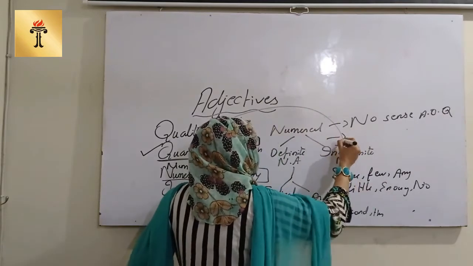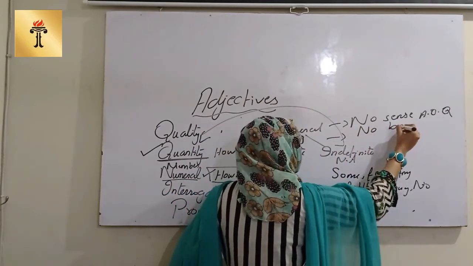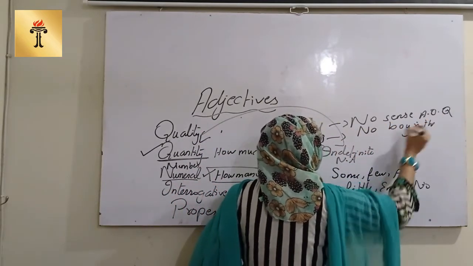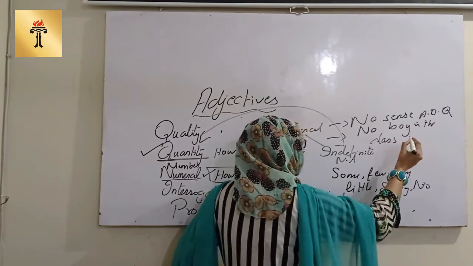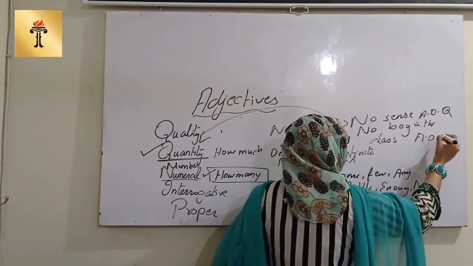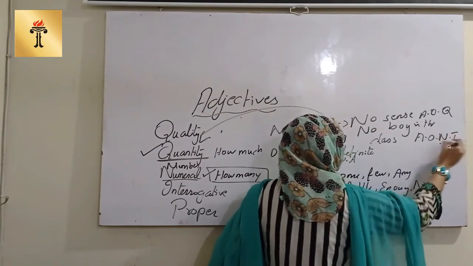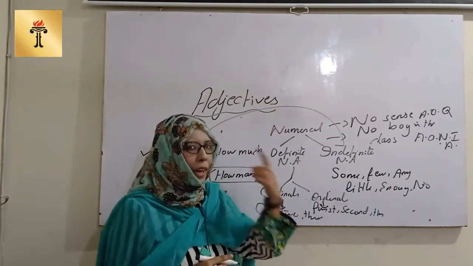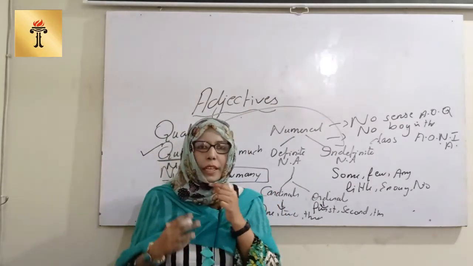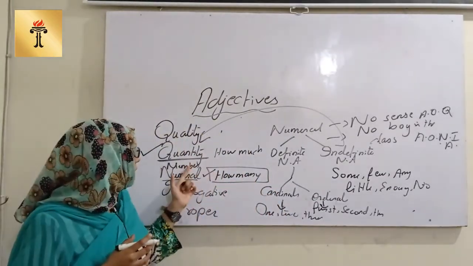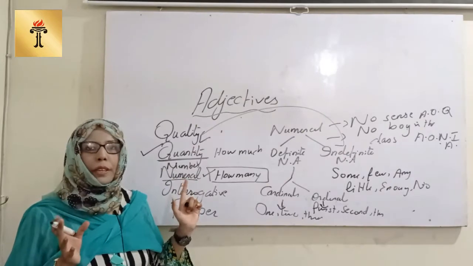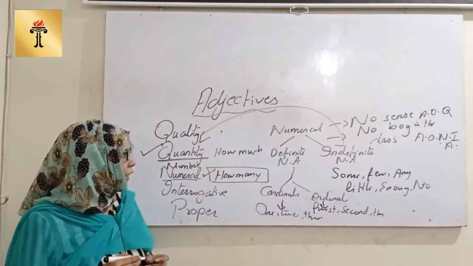And if I say there is no boy in the class, this is a numeral indefinite adjective. So one adjective can work as the quantitative and the numeral adjective as well.